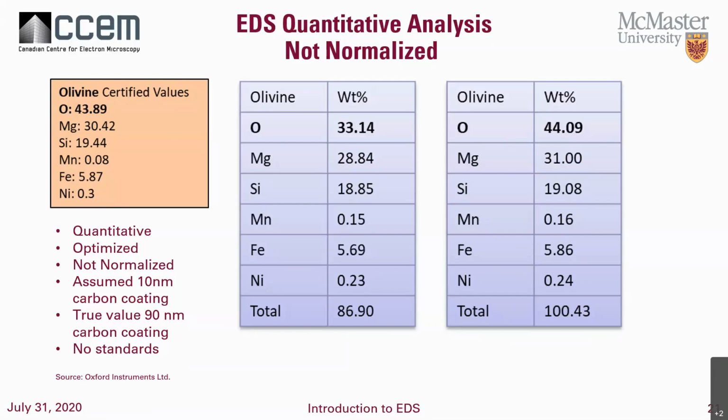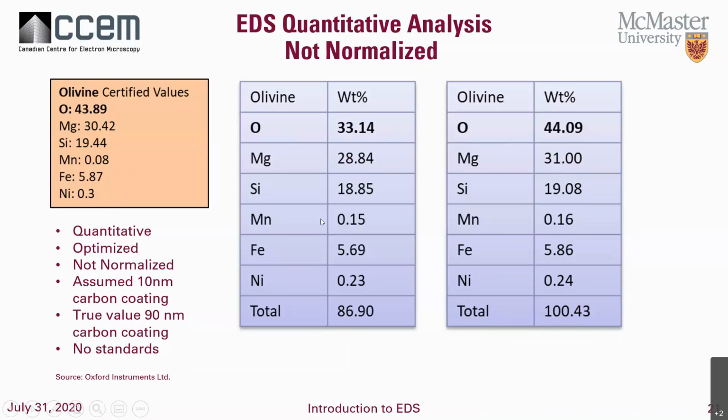So we are getting a significant error in the data for light elements, in this case oxygen, compared to what we know as the certified values for the mineral that we're analyzing, olivine. So you can see if we have the 10 nanometer assumption, this is the sort of result we get with quantitative.